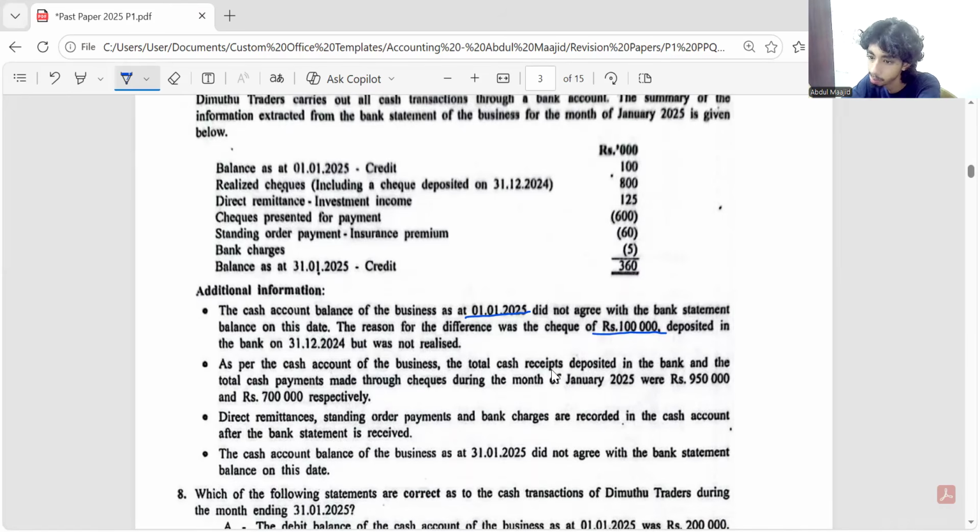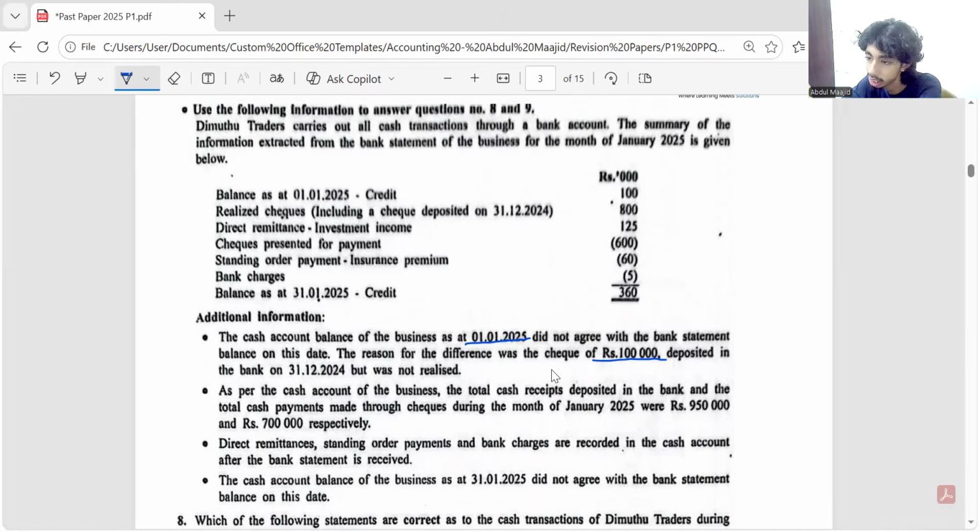The balance as per the bank statement of January is 100,000 on the opening date. But the balance of the cash account did not agree because of an unrealized check of 100,000 of the last month.